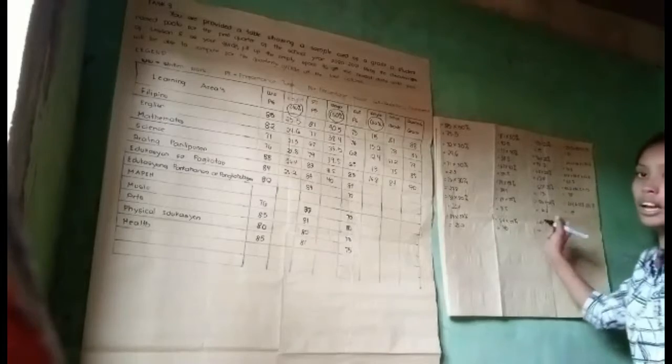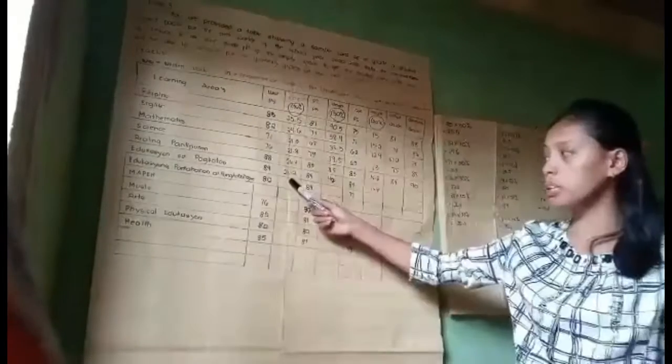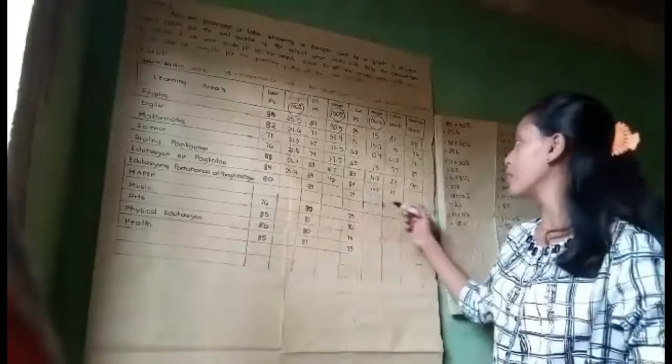Next is 84 times 20%, which is equal to 16.8. 25.2 plus 42 plus 16.8 is equal to 84. So our initial grade is 84. The transmutation of 84 is 90.